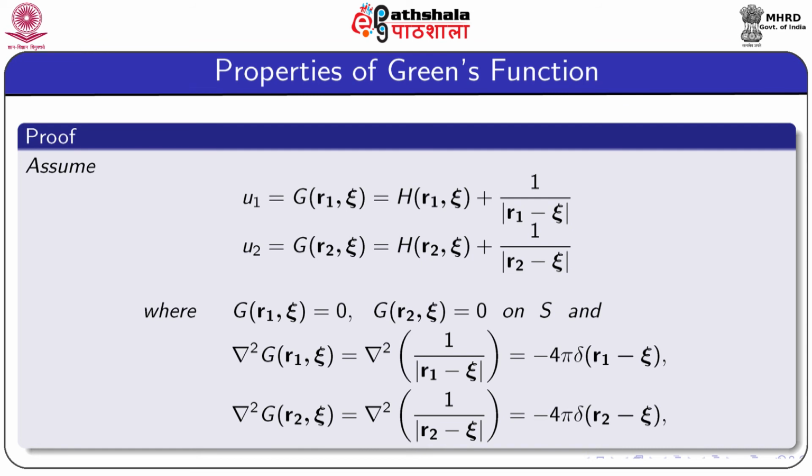We also have the Green's function at r1 and r2 is equal to 0 on the surface S, and Laplacian squared of G at r1 xi is equal to minus 4 pi delta r1 minus xi, and Laplacian squared G at r2 xi is equal to minus 4 pi delta r2 minus xi.